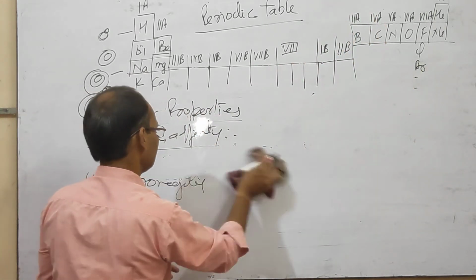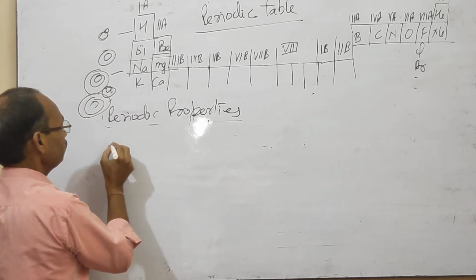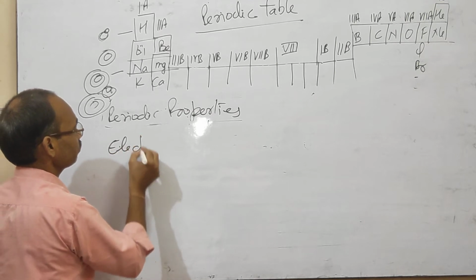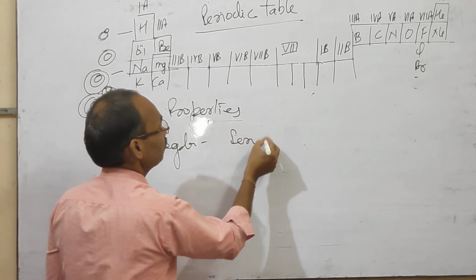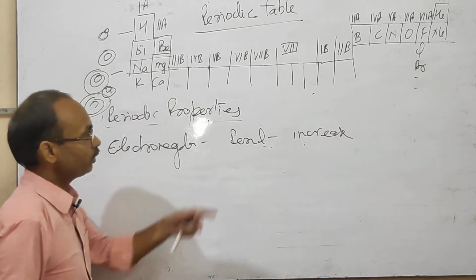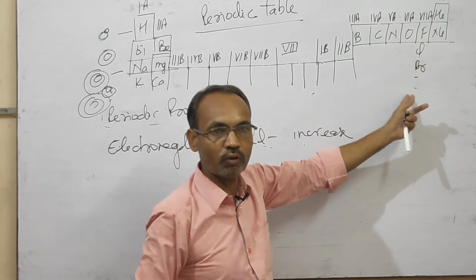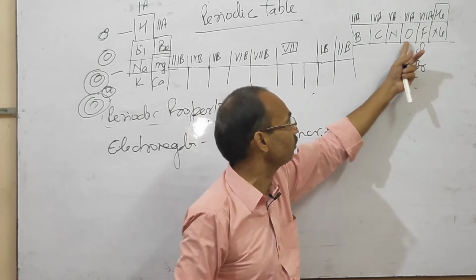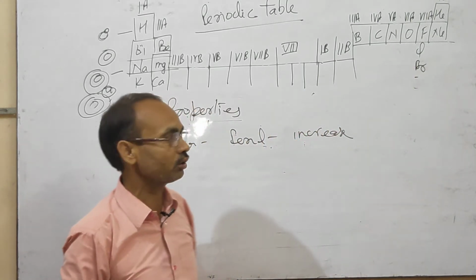So in the period, electronegativity increases. What is the reason for this increase? Because fluorine wants 1 electron, oxygen wants 2 electrons, and nitrogen wants 3 electrons to complete their octet.